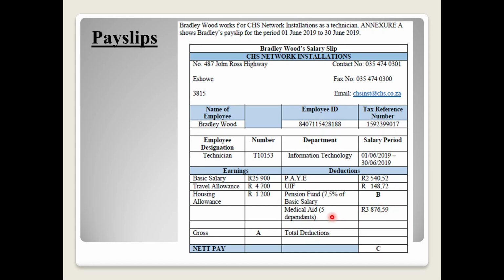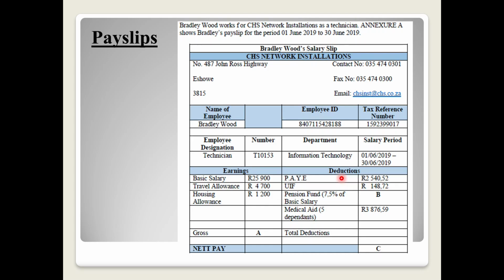I want to quickly talk about the pay-as-you-earn. The pay-as-you-earn amount is the amount that we are going to work out in the tax tables. This is why I say that a salary slip and tax go hand in hand.